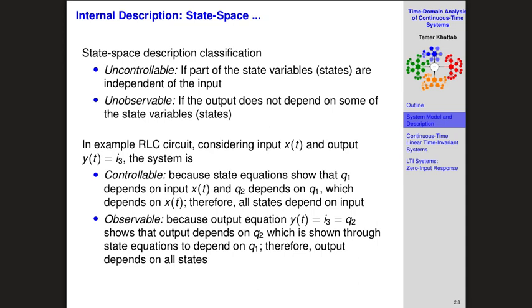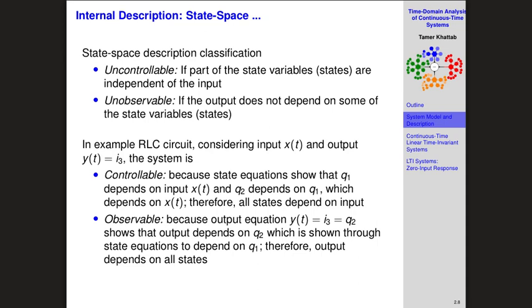If you see that all the states depend on the input, then this is a controllable system. If this is violated, so if some of the states are independent from the input, then this is an uncontrollable system.